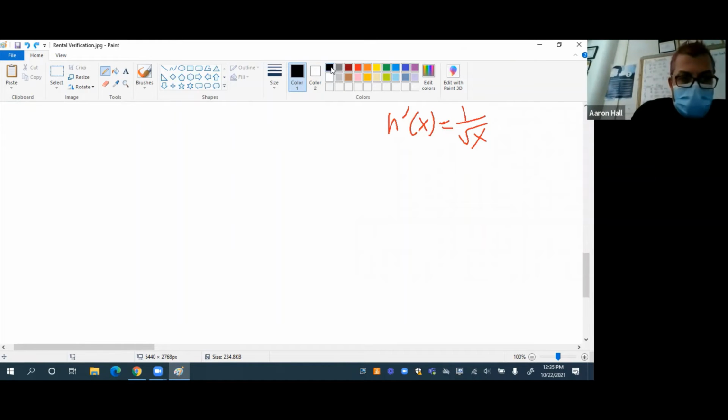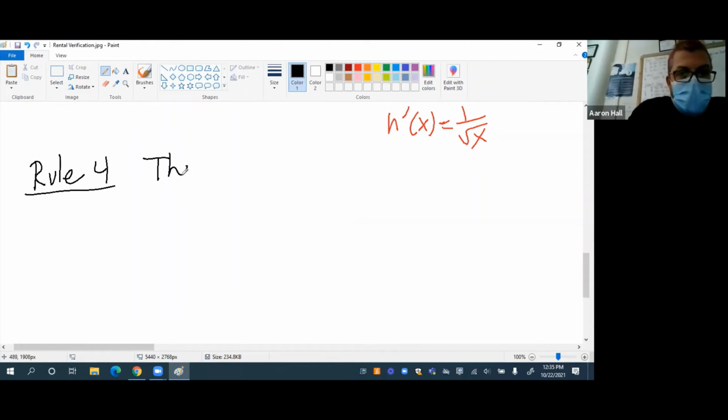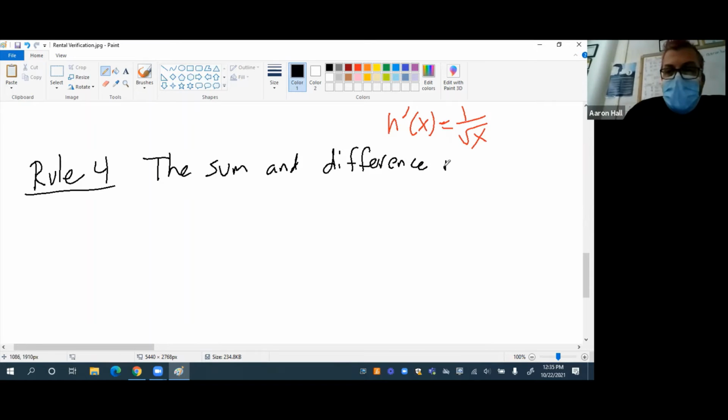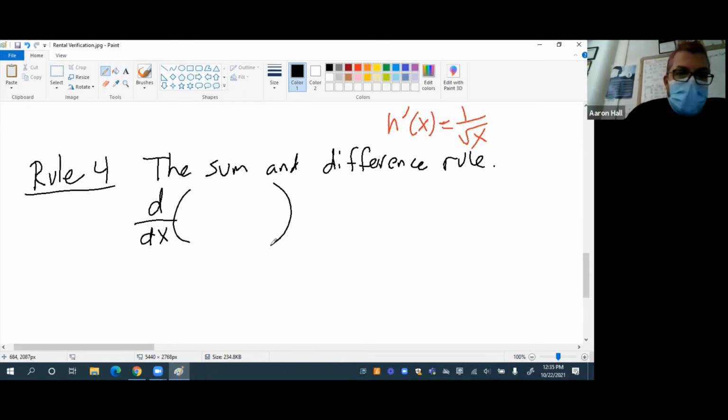Rule number 4 is the sum and difference rule. So if I have something like d dx, this is my derivative of some function with multiple terms separated by addition and subtraction.